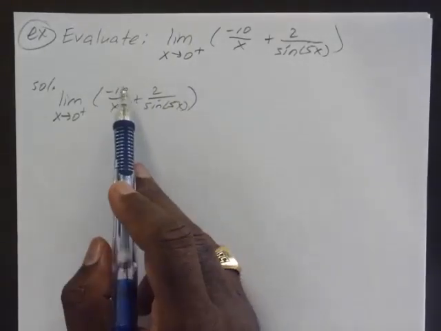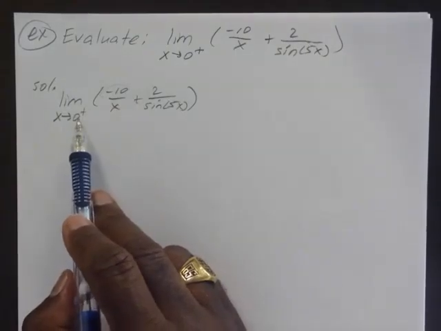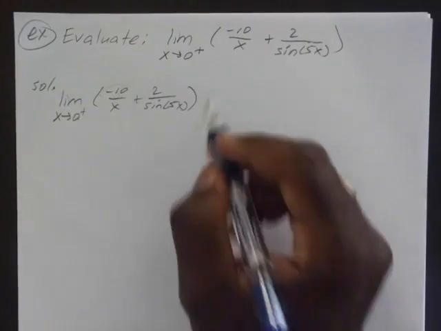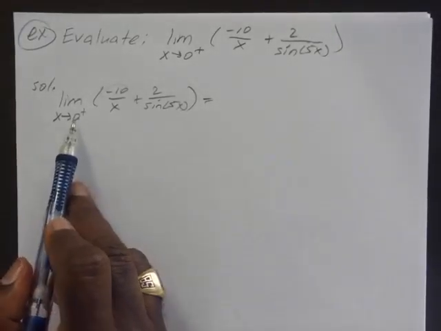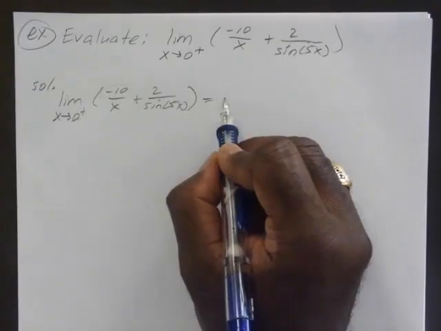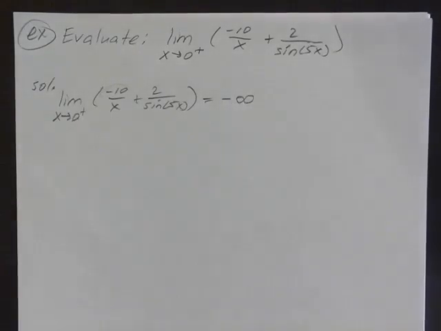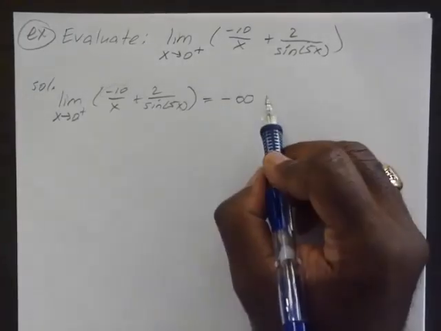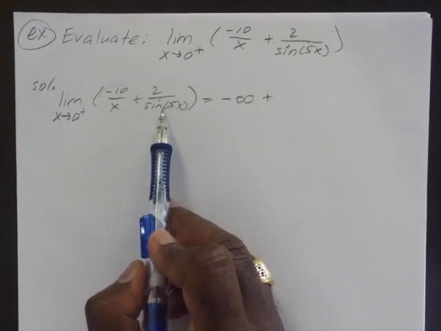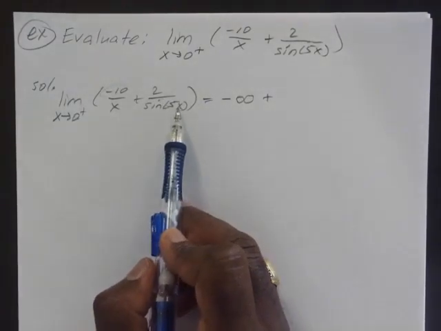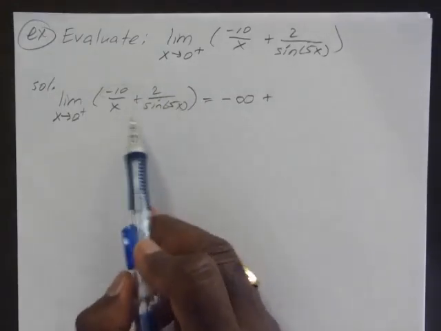we take the limit of a constant divided by a number that's getting smaller and smaller. Since it's a negative constant divided by a positive, almost infinitely small value, that's going to be negative infinity. Plus, again, as sine gets closer and closer to 0, this value just gets bigger and bigger.